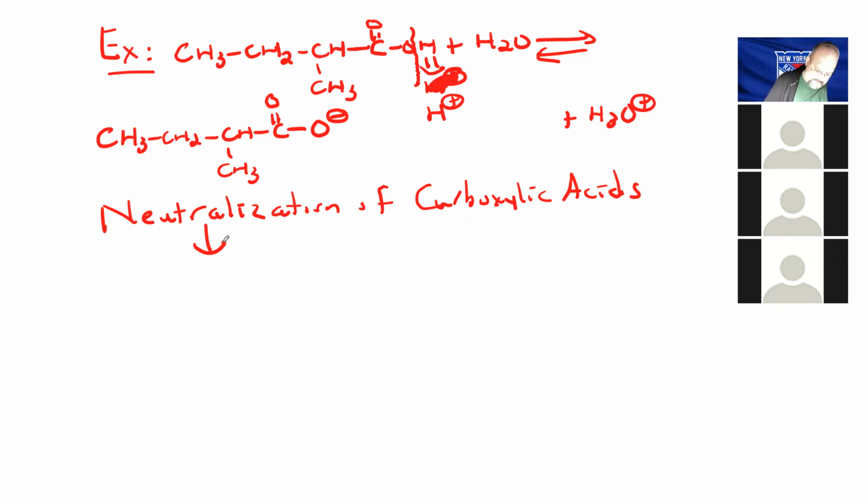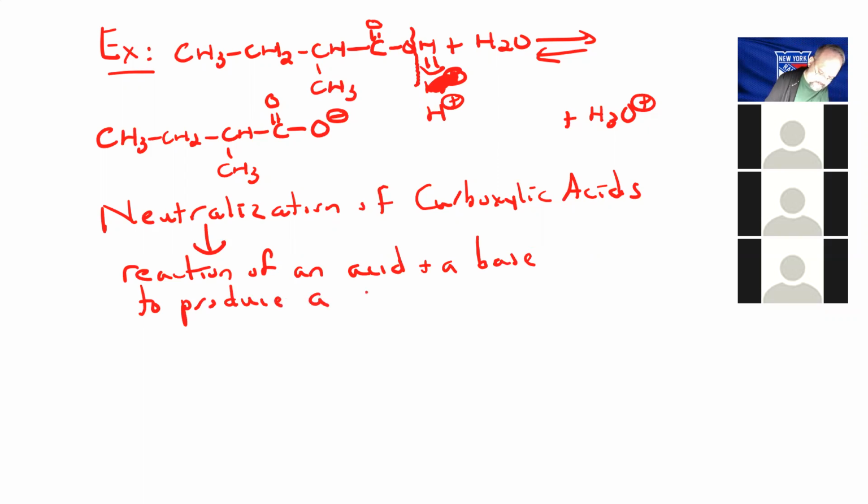Essentially, a neutralization reaction is the reaction of an acid and a base to produce a salt and water. So that's the general definition of a neutralization reaction. It involves the reaction of an acid and a base to produce a salt and water.